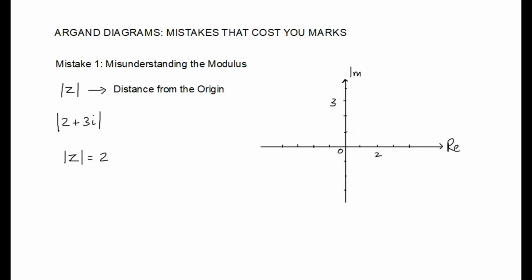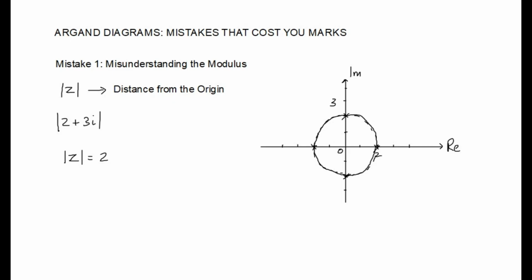For example, this point here, this point here, this point here, and this point here, plus a whole lot of points, all of which end up forming a circle of radius 2 around the origin. So the solution for modulus z is equal to 2 is a circle centered at the origin of radius 2.